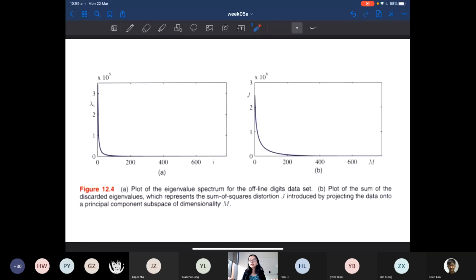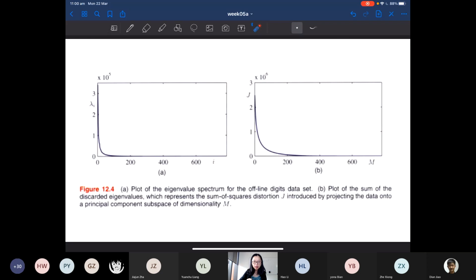You might also think, what do these relative magnitudes look like all the way, right? These digits are 24 by 24, small digits, I believe, and therefore they have a total of 676 dimensions. We can see the first few are very big, and then afterwards it drops off very quickly.